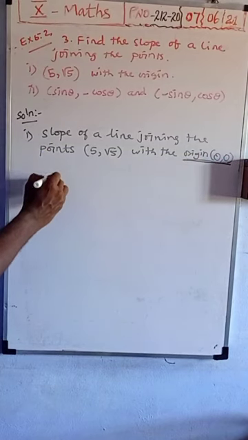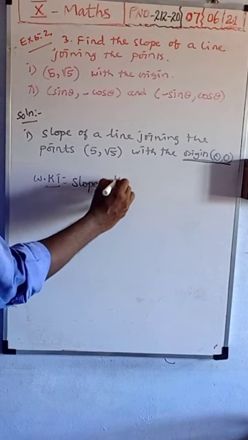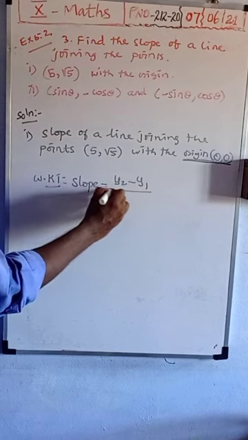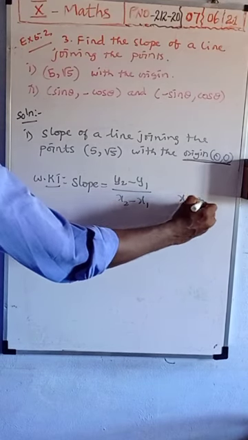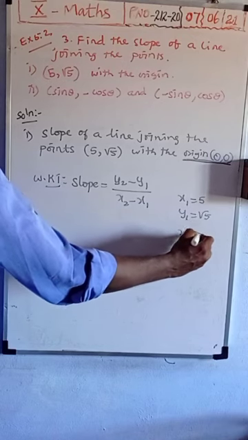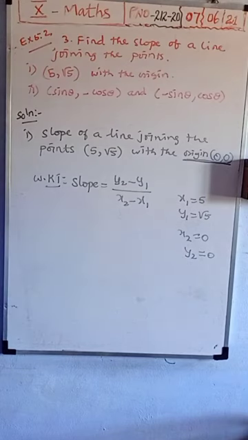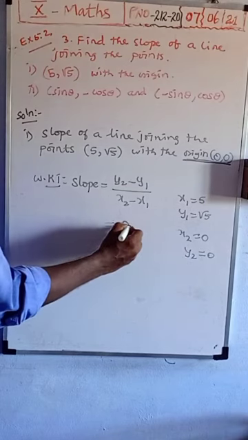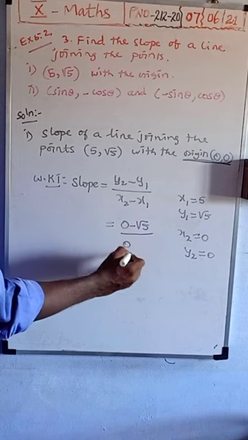So the slope when two points are joined is y2 minus y1 by x2 minus x1. Here x1 is 5, y1 is root 5, x2 is 0, and y2 is also 0.